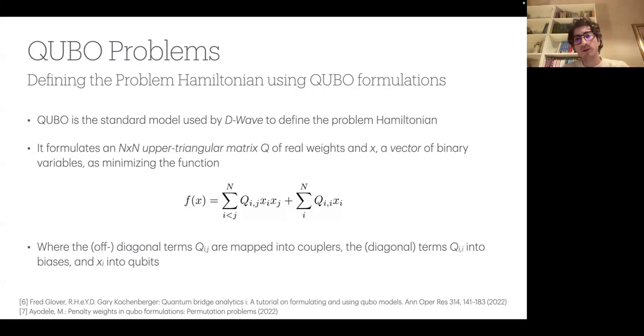Each of the binary variables is translated into a qubit of the quantum system, whereas the diagonal terms of the matrix Q consist of the strength of the single qubits, while the off-diagonal terms are the strength of the connected, linked qubits.